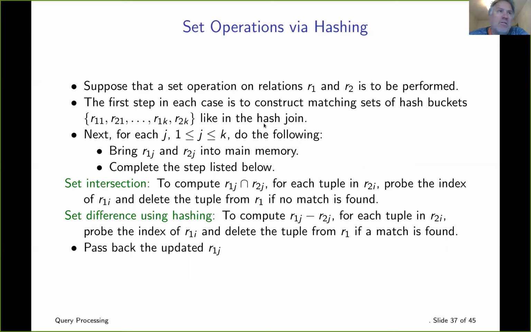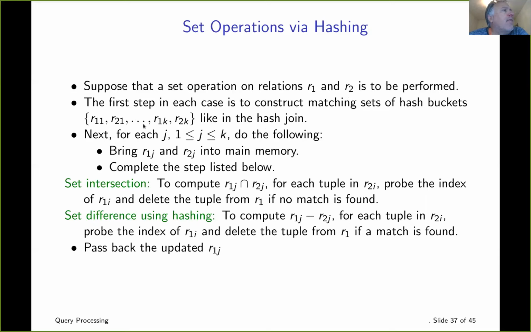We're going to take, say, 10 buckets, and then take all the elements in R1 and hash them into their proper bucket, and then take all the elements of R2 and hash them into their corresponding proper bucket.